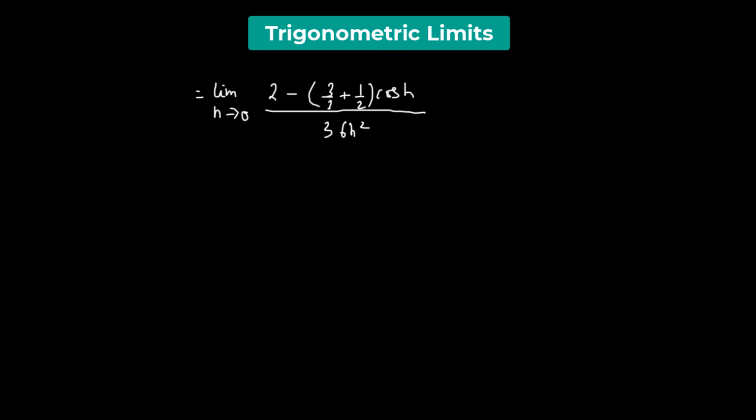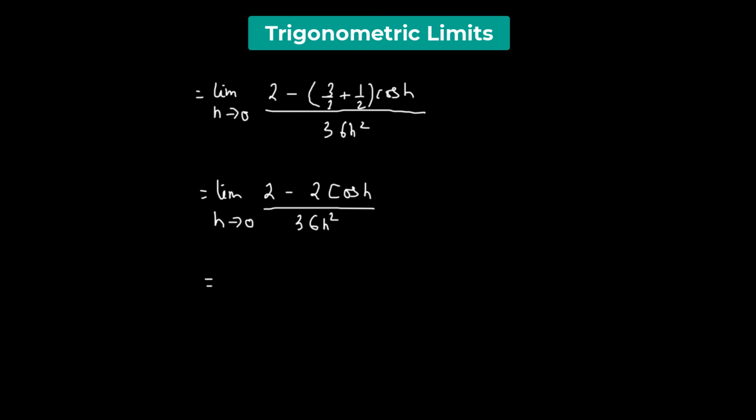So 3 over 2 plus half is going to be 4 over 2, so that is simply 2. So we have 2 times cosine of h divided by 36h squared.